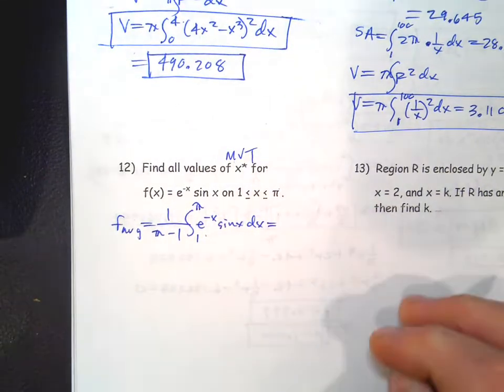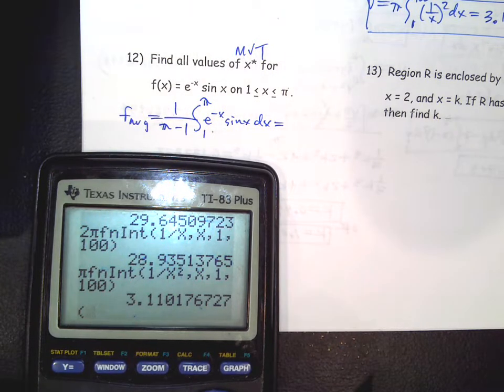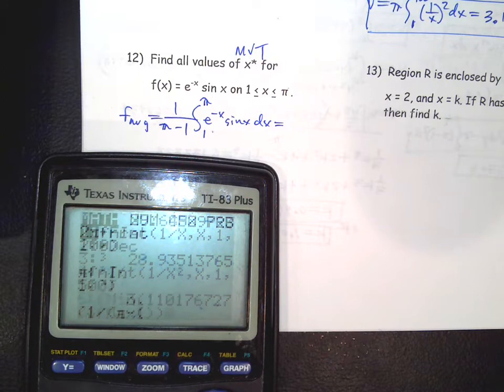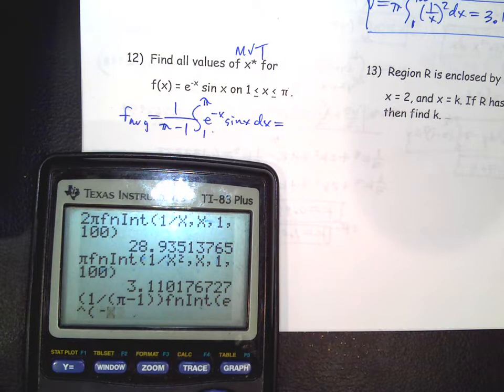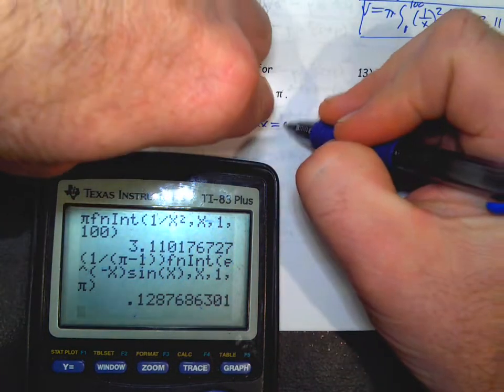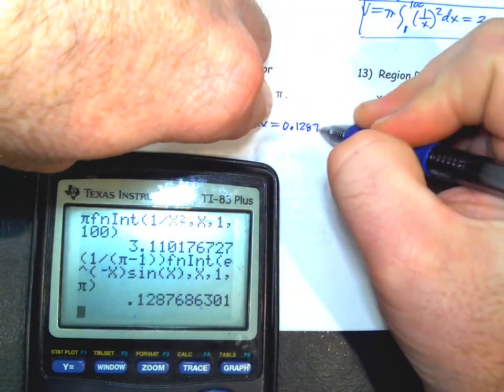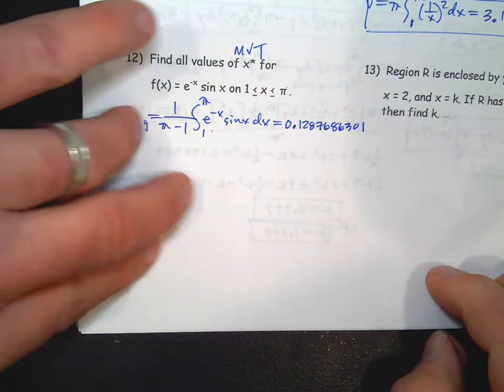So we can find the average value that way. 1 divided by parentheses pi minus 1 close, math 9, e to the negative x sine x close, comma x, comma 1, comma pi. Let's see what we get. Okay, so we get 0.128768630. I need more than 3 decimals because I'm going to use this for another part of the problem.